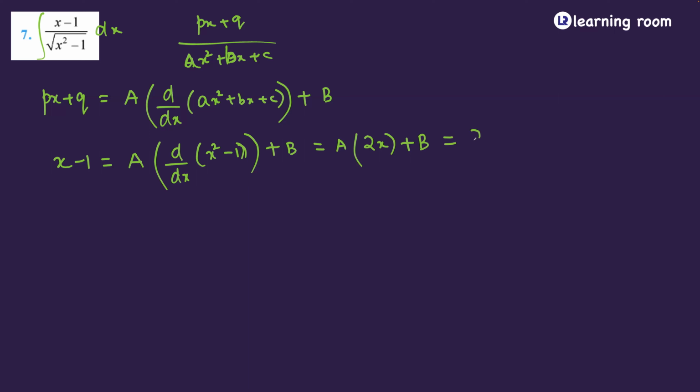So this clearly indicates that you have 2ax plus b. So 2a is equal to 1, which implies a is equal to half. And b is equal to minus 1. So a is equal to half and b is equal to minus 1.